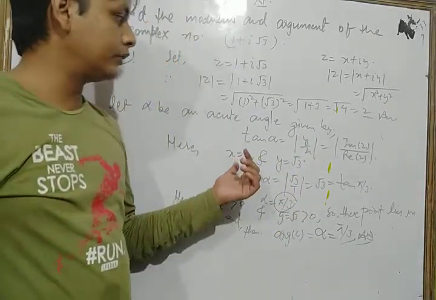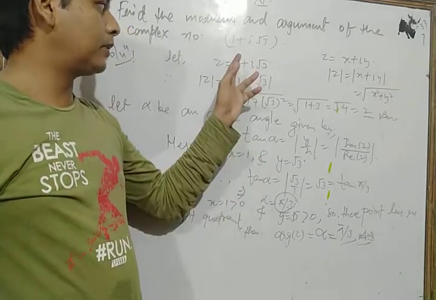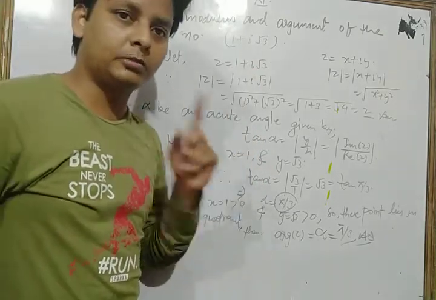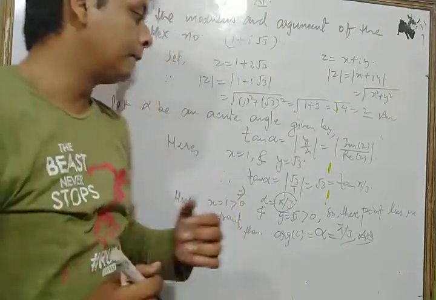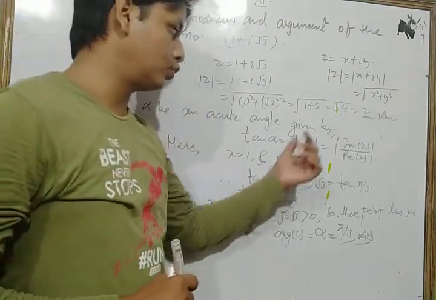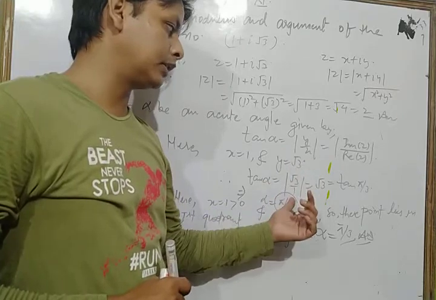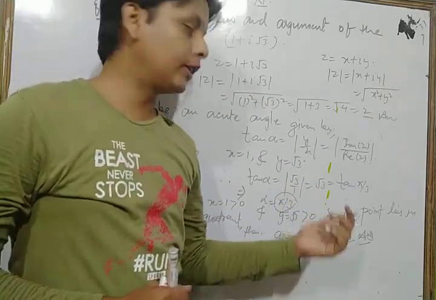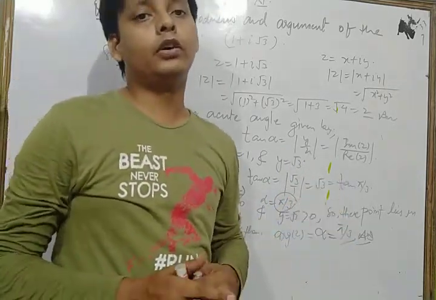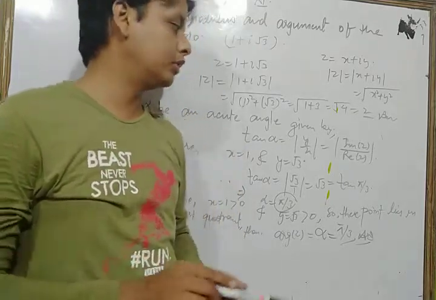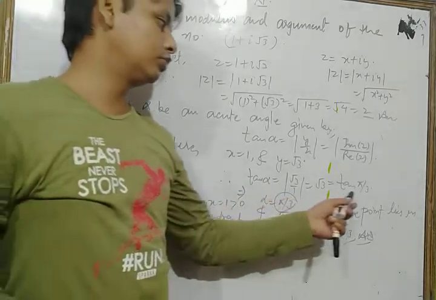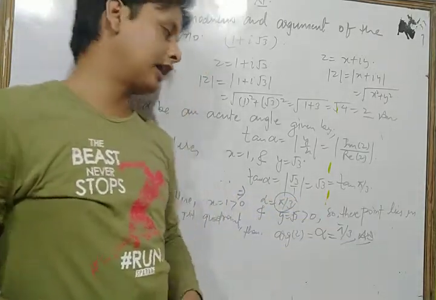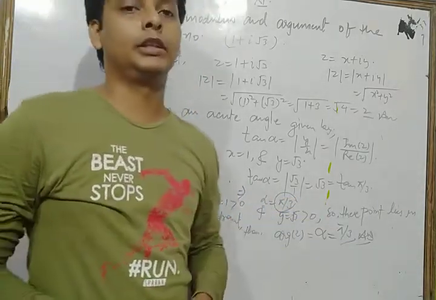Now here, the real part of that complex number is 1 and the imaginary part is root 3. So, dear student, the value of tan alpha is equal to mod of y by x, meaning root 3 by 1, that is root 3. In this way we know that the value of tan 60 degrees is root 3. So, dear student, we write tan pi by 3. Now we have tan alpha is equal to tan pi by 3. In this way we find alpha is pi by 3.